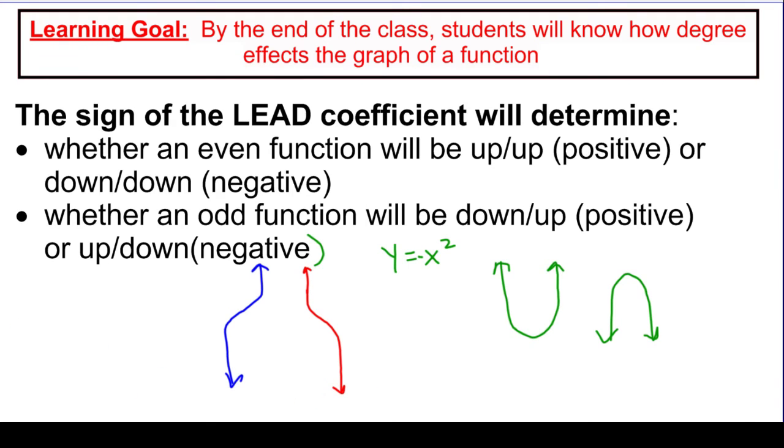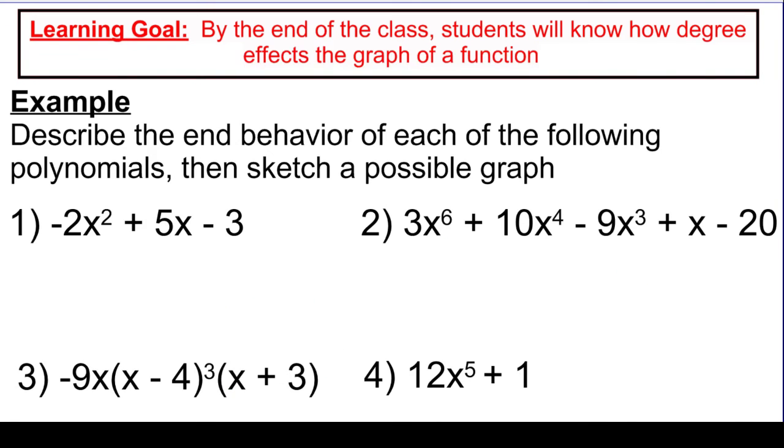To wrap it up, we're going to look at some polynomials, and we're going to describe the end behavior using that lead coefficient. The way I'm going to look at this one is I'm going to say, okay, even function because I have a degree 2 polynomial. Because it's even, I know that the end behavior is either up, up, or down, down. The way I'm going to determine which one to use is I'm going to look at this number right here.